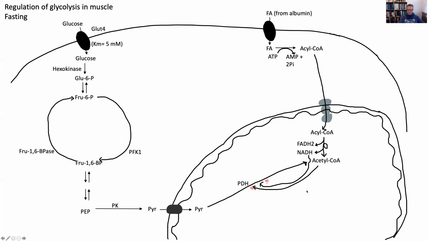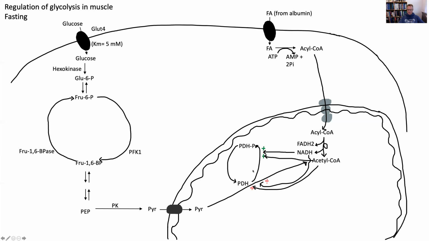We also know that these same two substrates can promote the phosphorylation of pyruvate dehydrogenase, which once the enzyme has been phosphorylated and allosterically inhibited by these two metabolites, the enzyme becomes almost completely inactive.